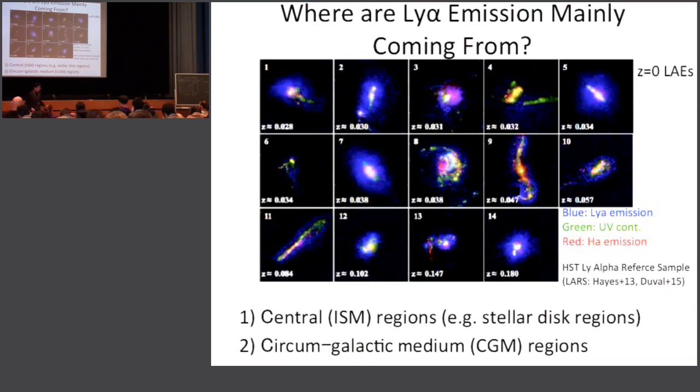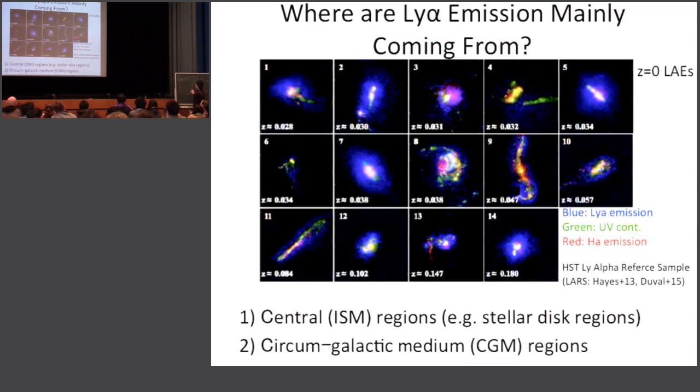So, and then once you make the star forming galaxies, still there's another complication for Lyman-alpha emitters. Yes, Lyman-alpha is not a simple tracer of the star formation. So this shows the recent, last project result. Looking at the redshift 0 Lyman-alpha emitters, well, they are close enough, so you can spatially resolve the distribution of stars and Lyman-alpha emission lines.